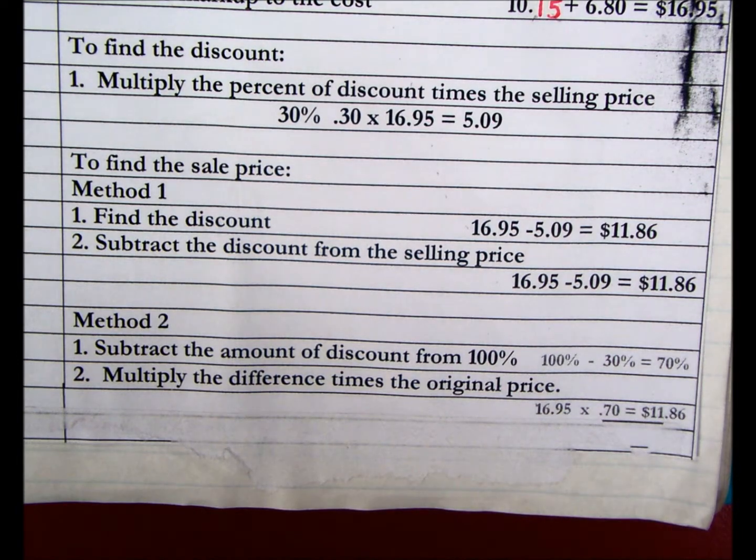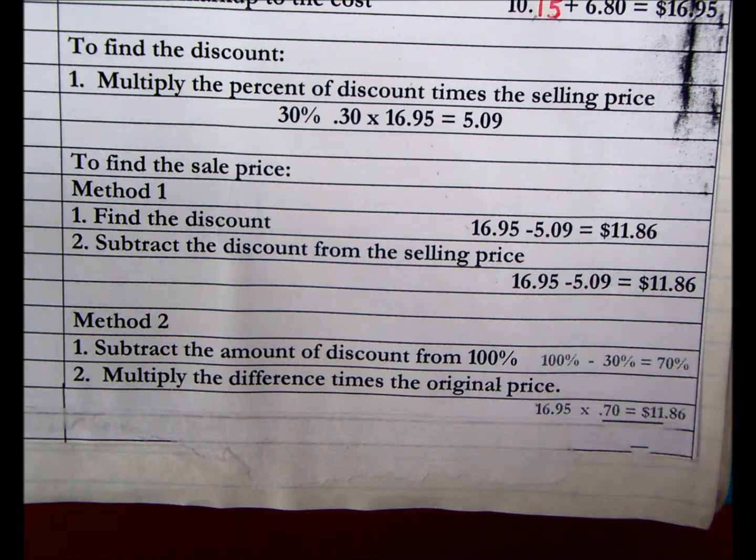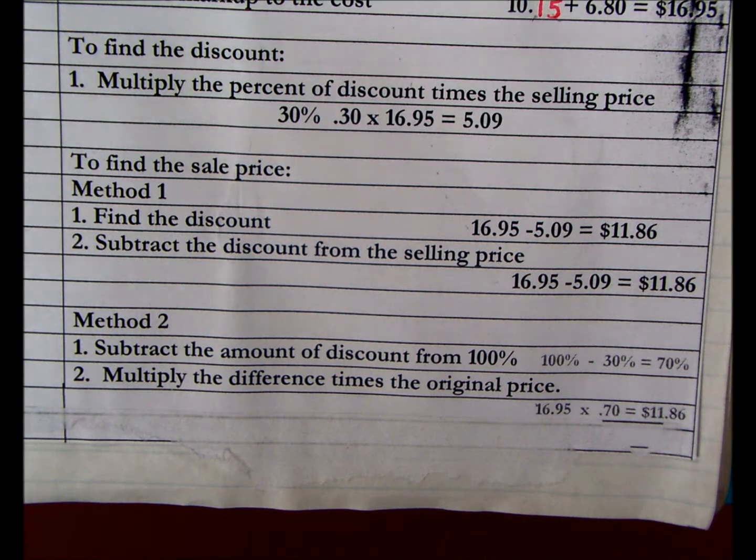You would convert 70% to the decimal 70 hundredths and multiply that times $16.95, and you would still come out with $11.86. It's very important, though, that you're careful about what they're asking you for. So you multiply by what they're asking for. Are they asking for the sale price, or are they asking for what the discount is? You want to be careful of that.